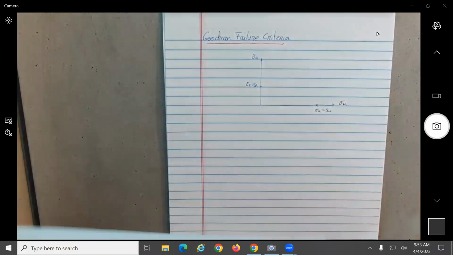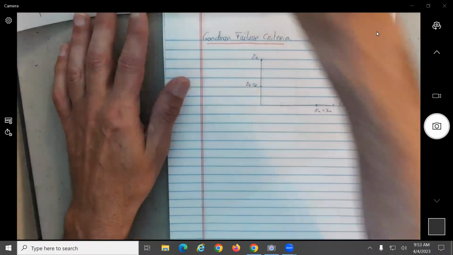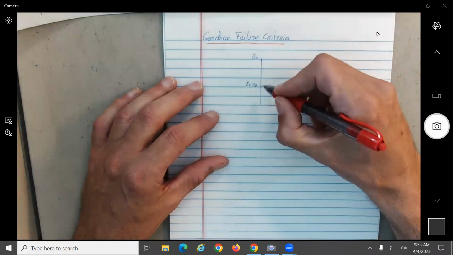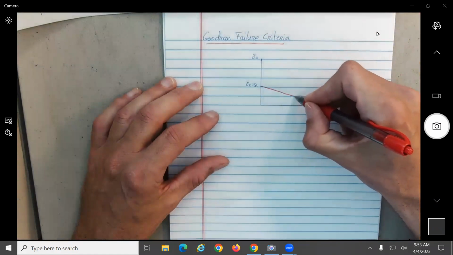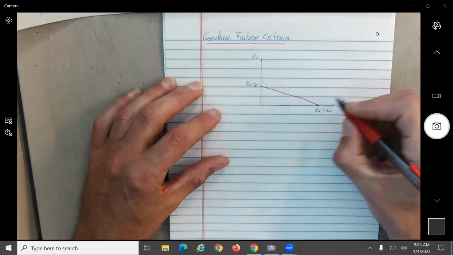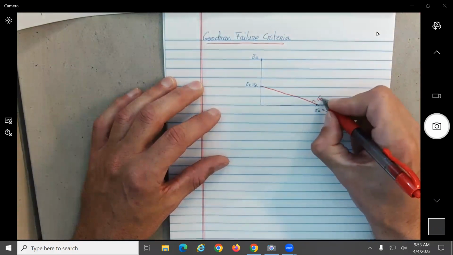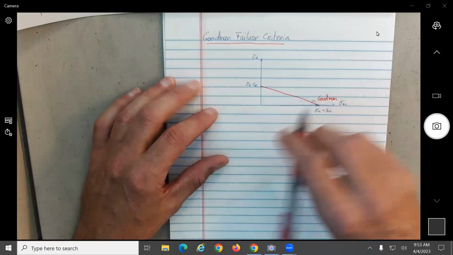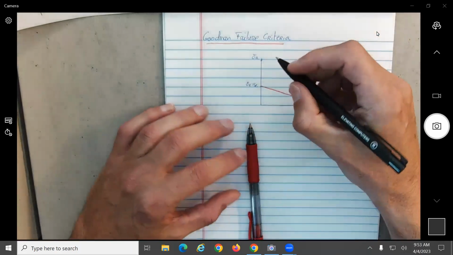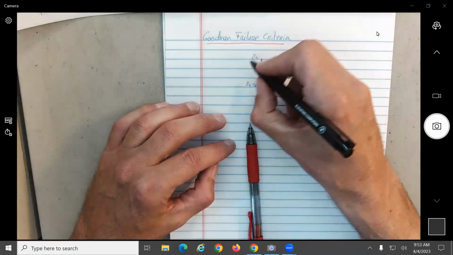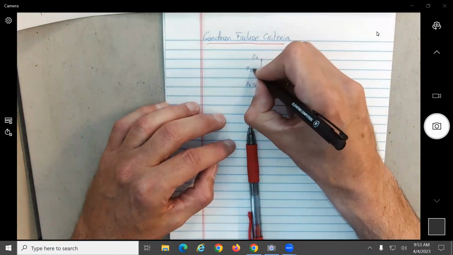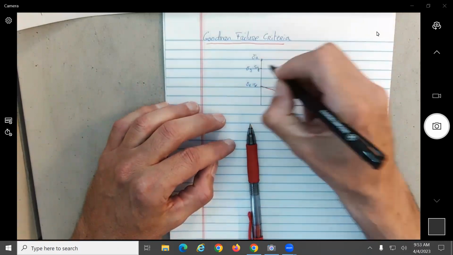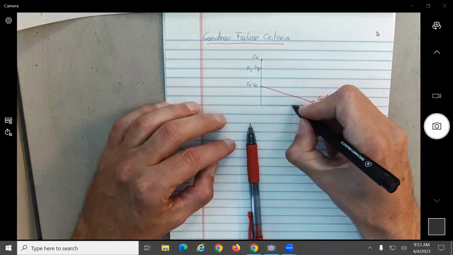This is just notation, so I'm not going to redo the figure again. But basically, we have this line for the Goodman line, for the Goodman failure criteria. And then we create another one that this time will be using the yield, and the yield value here.